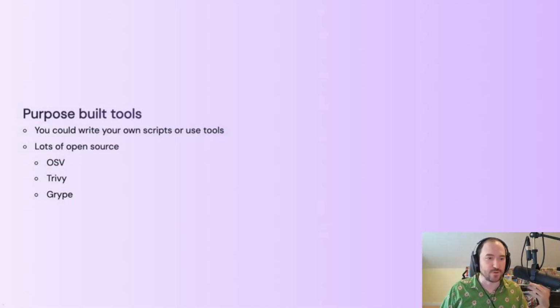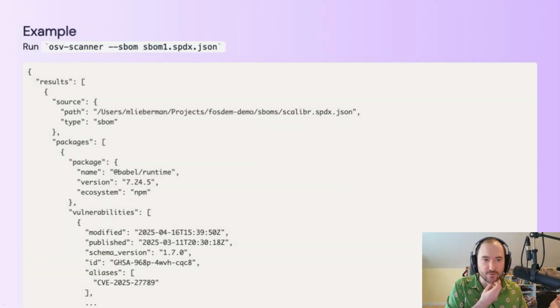And just to give you an example here, right? You could run right now OSV scanner against an SBOM. And assuming, again, the SBOM has the right information in it, you can actually pull out various different vulnerability metadata from there.